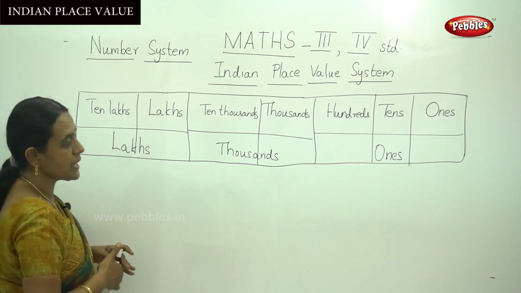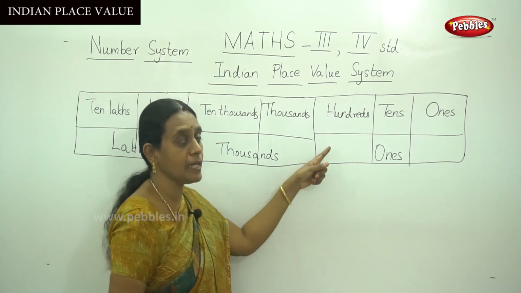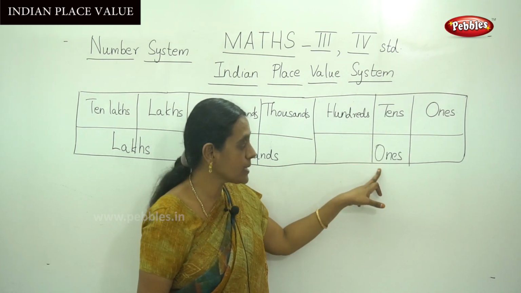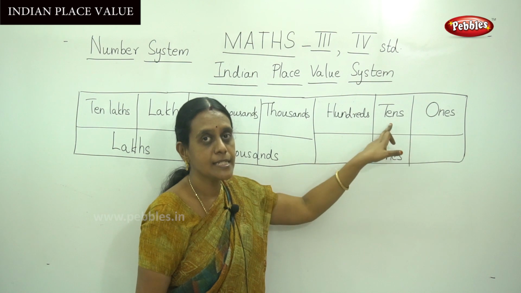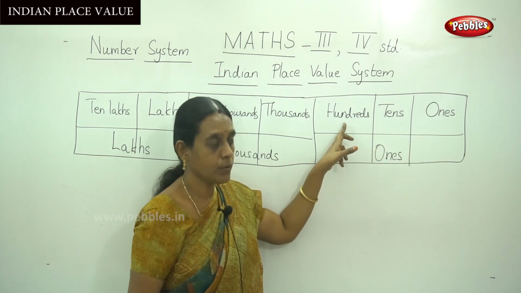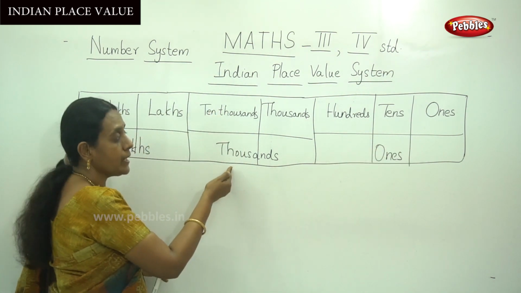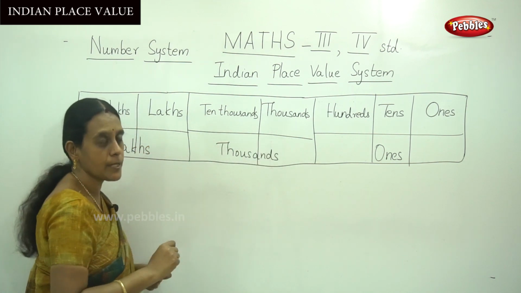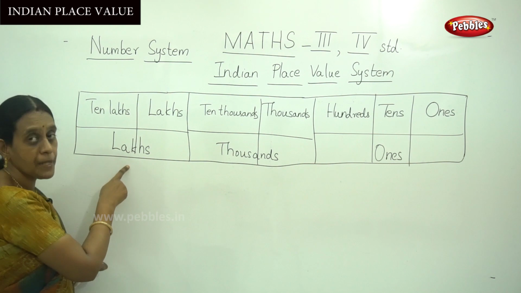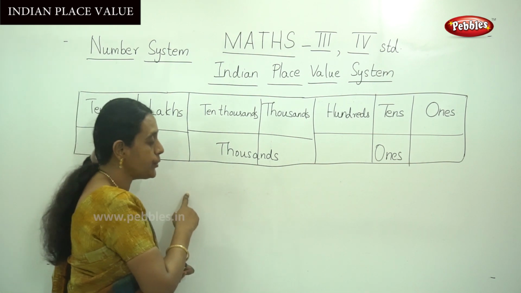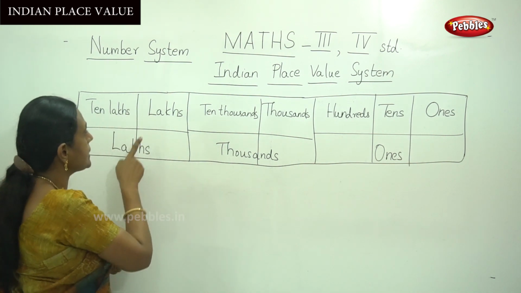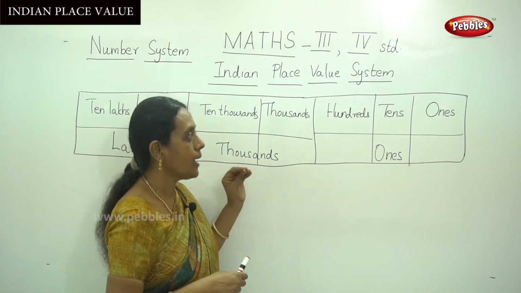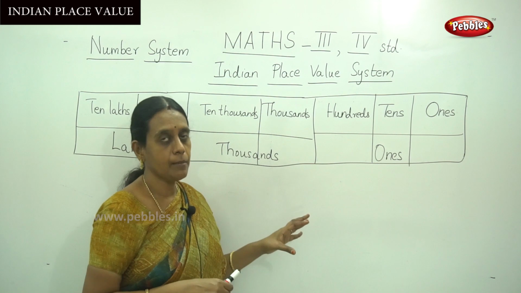So the ones period is divided again into 3 places, ones, tens, hundred. The next period is divided into 2 places, 1,000 and 10,000, and the lakhs period is also divided into 2 places, lakhs and 10 lakhs. I will explain with an example number.